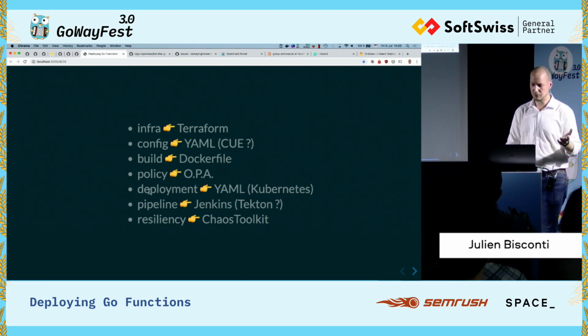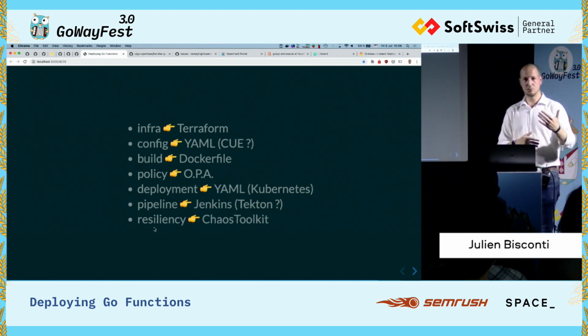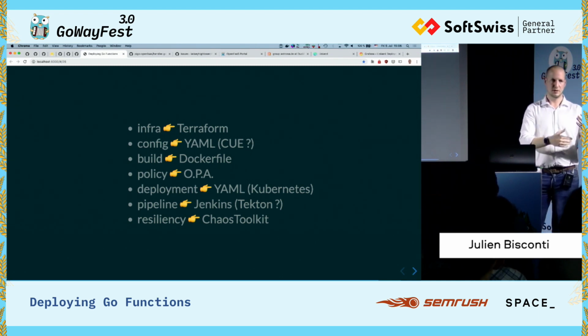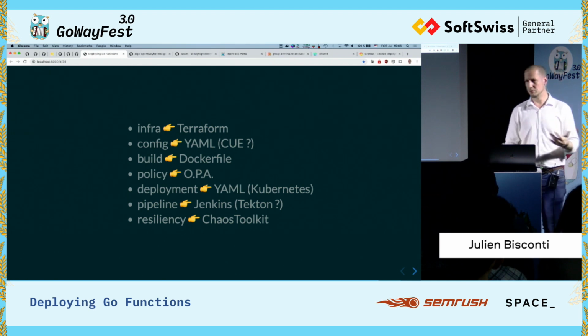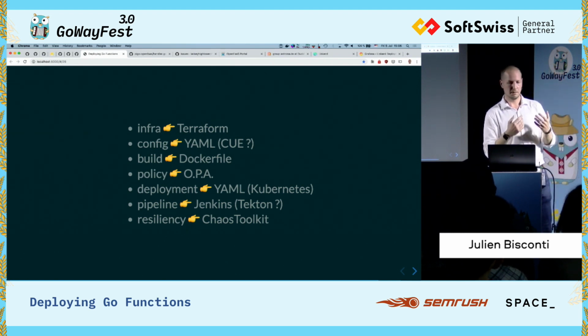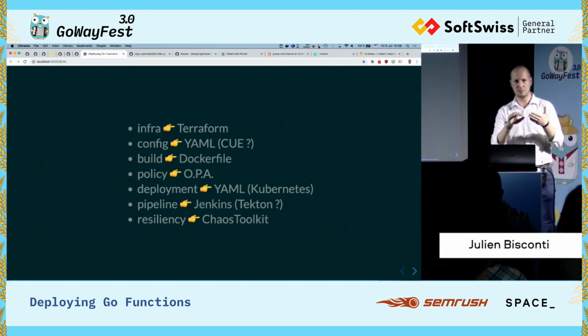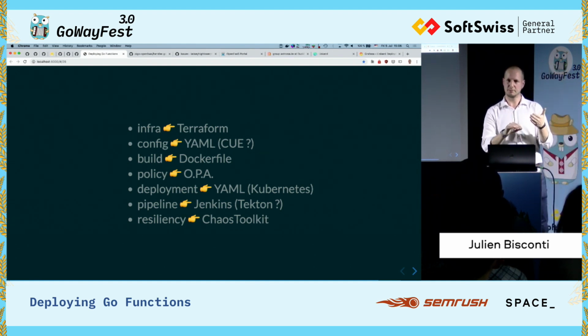Because, for instance, if you want to codify your resiliency, you can use Chaos Toolkit, which is a tool to create chaos experiments. So meaning you can have a script defined in a language of choice, usually YAML or JSON, and have, okay, this is what should happen. This is the outage that I want to create. This is the result that I expect.